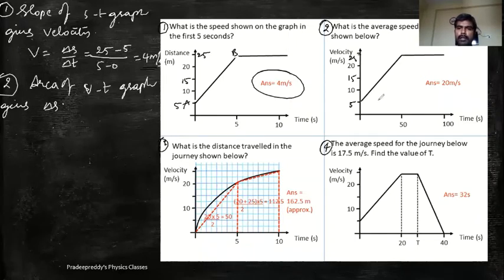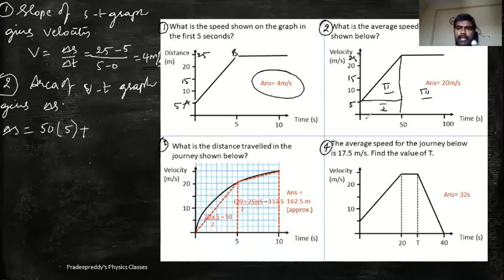Check how I will be finding it out. This is one part, and this is another part, and this is another part, right? Now I should find the area of the total, so that you will be getting delta S, which is equal to the area of the first region. This is region 1. Area is 50 minus 0 and 5 minus 0. So it is 50 into 5. And next, area of region 2, it is a triangle.